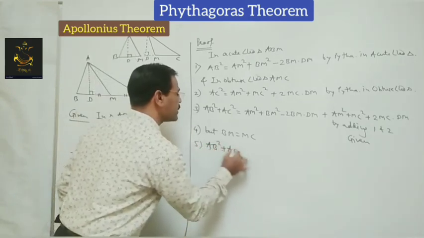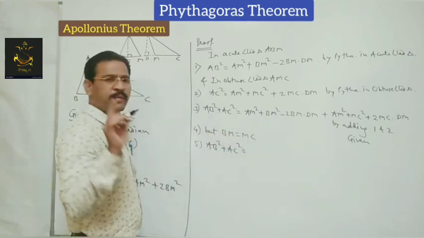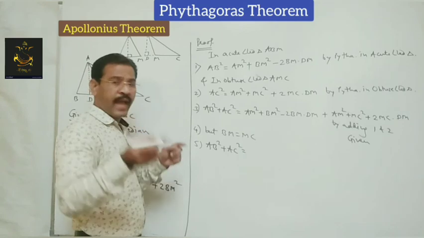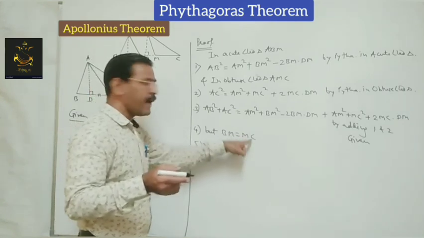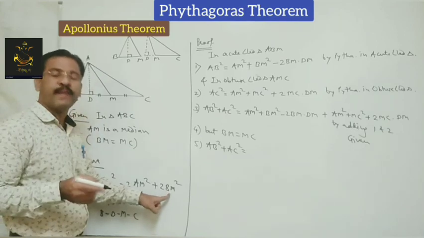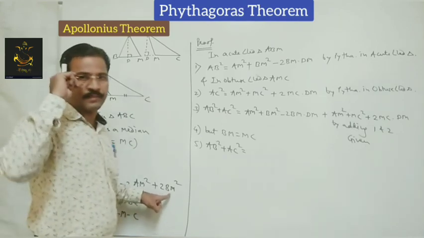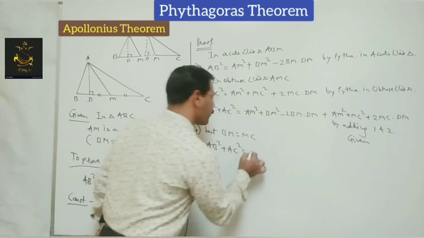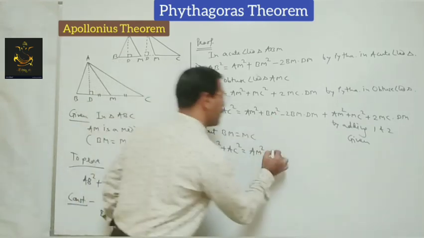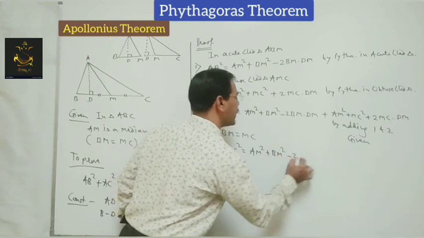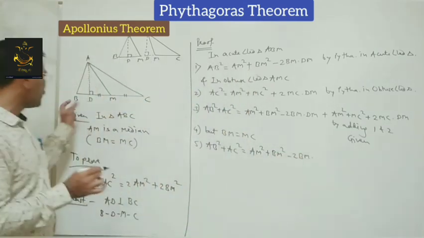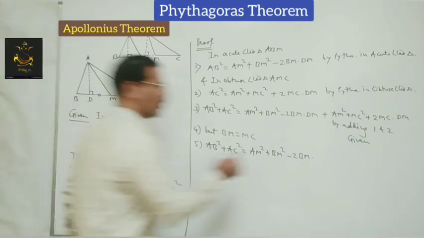AB square plus AC square. The only part to remember is to replace MC by BM. You can replace BM by MC also. Why? We'll take BM square, that is why we replace MC. AM square keep as it is. We need BM, no? Keep BM also as it is. Minus twice BM into DM. Keep DM as it is. No problem.